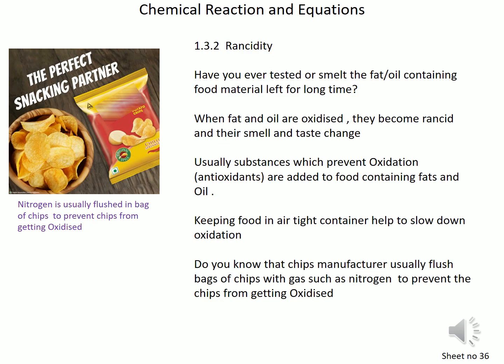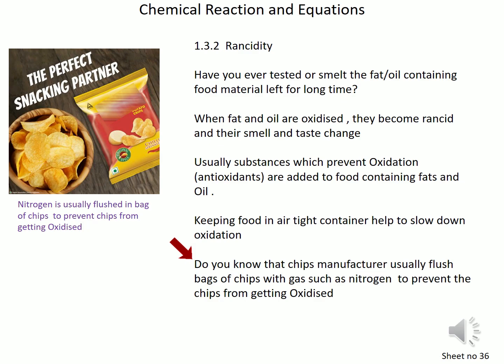Because that air contains oxygen, and this oxygen is a cause for oxidation. So if we are able to remove some part of the air, we are reducing the process of oxidation. Have you understood why that person ensures that the air is removed from the packet? This is the real reason. So we are delaying the oxidation process by removing the air from the bag.